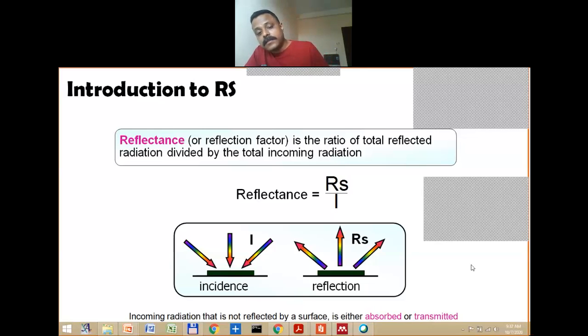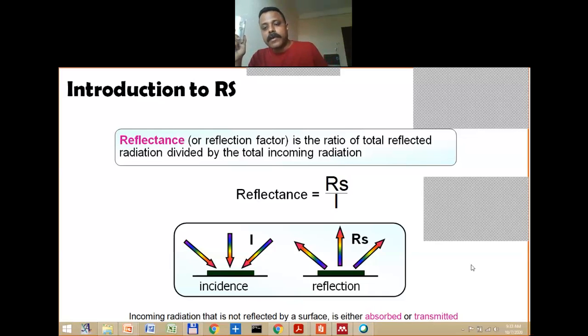Because every particular object that you can imagine has a unique reflectance pattern or unique reflectance percentage, depending on the property of the object.